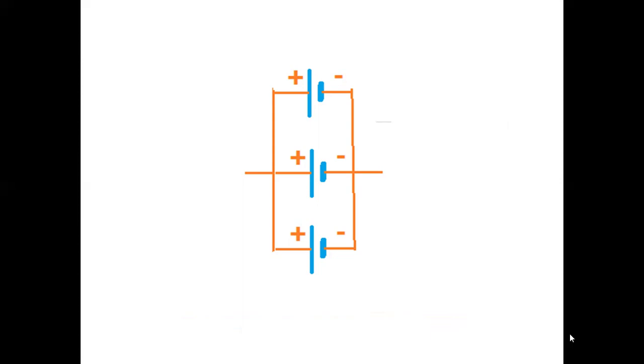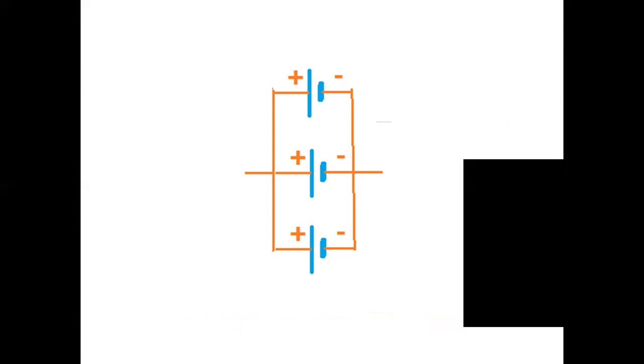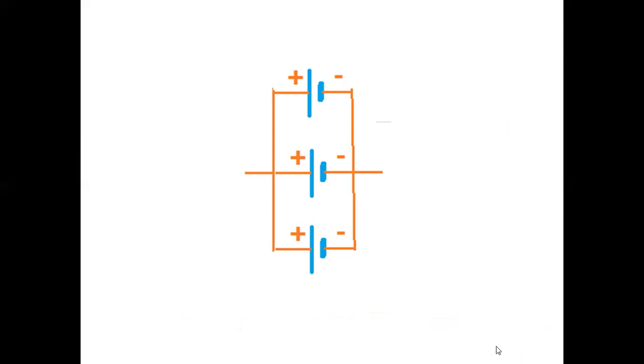So suppose the EMF of each cell is 3 volt, what will happen? The total will also be 3 volt. Like if this is 3, this is a combined 3, this is the plus terminal and minus terminal.